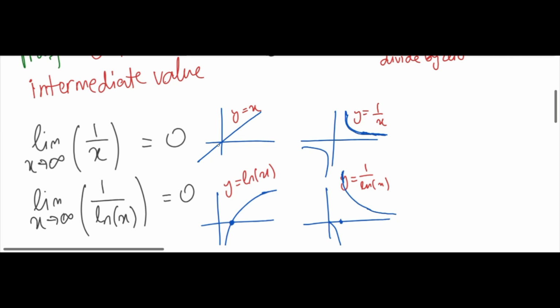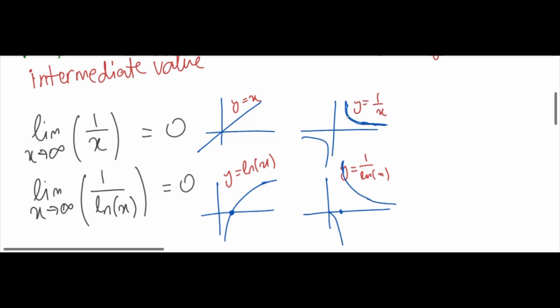You can see the graph of y equals x is just a straight line, and the graph of y equals 1 over x forms an asymptote with the y-axis, right? It is approaching the y-axis at a gradient whose magnitude is decreasing as you're approaching it, right? That is why it's an asymptote.